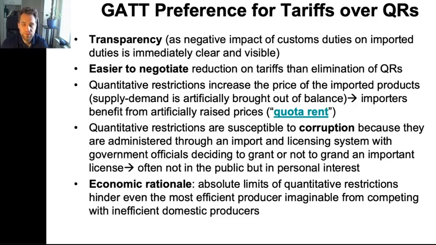Another fact lies in the simple historical observation that quantitative restrictions are also susceptible to corruption. Why? Because to administer such a quantitative restriction, you need a licensing system. And this means that government officials, authorities, civil servants, they decide whether to grant or not to grant an import license, at least if it's not an automatic licensing scheme.